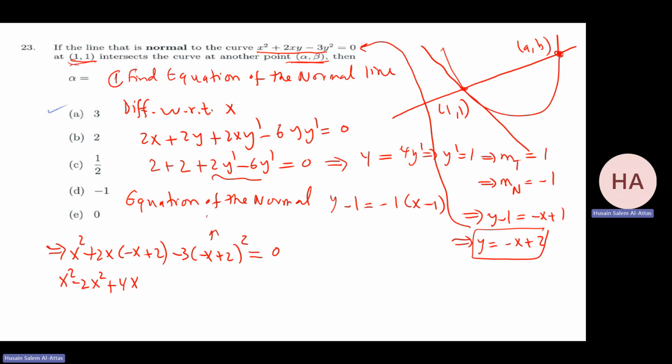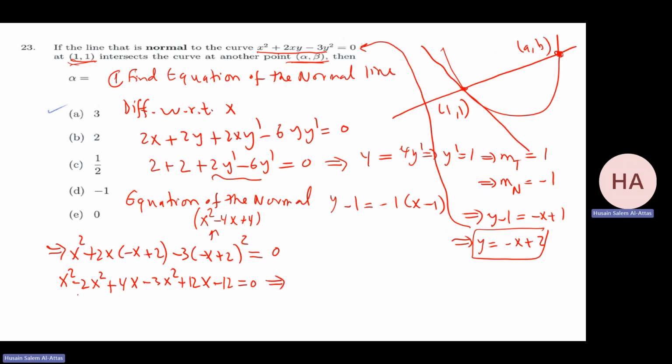This one is x squared minus 4x plus 4, minus 3x squared plus 12x minus 12 equals 0.